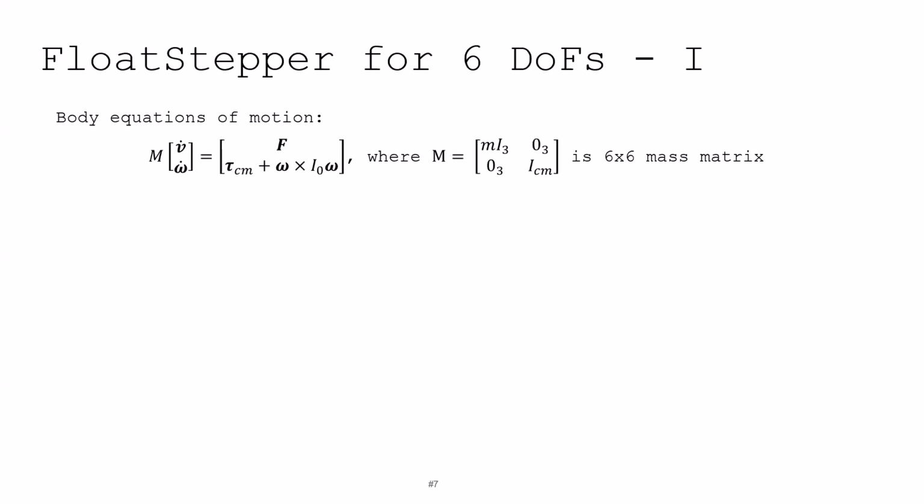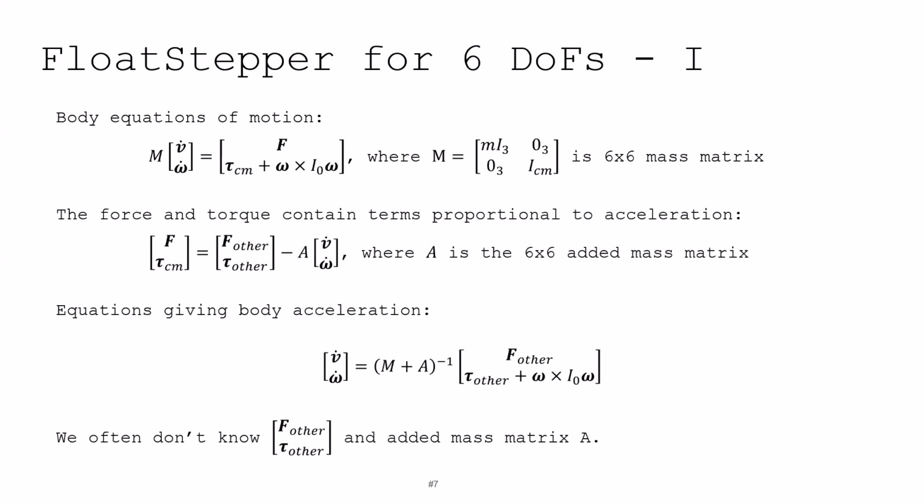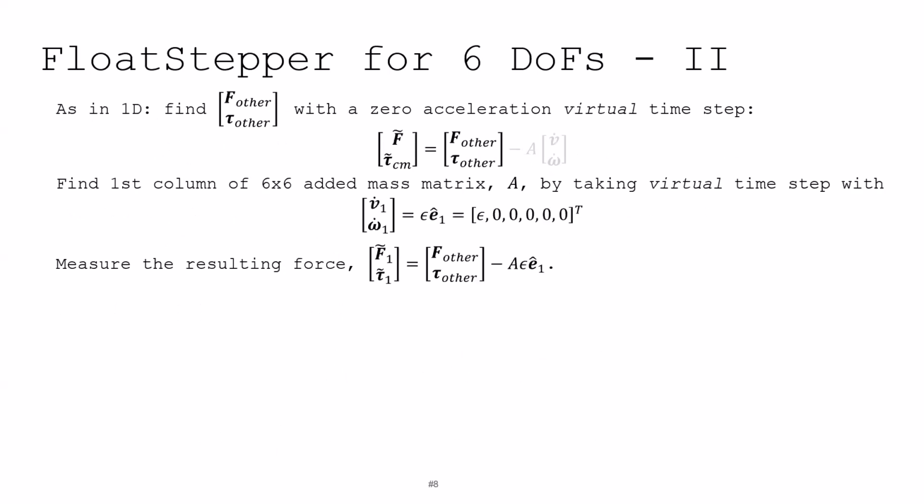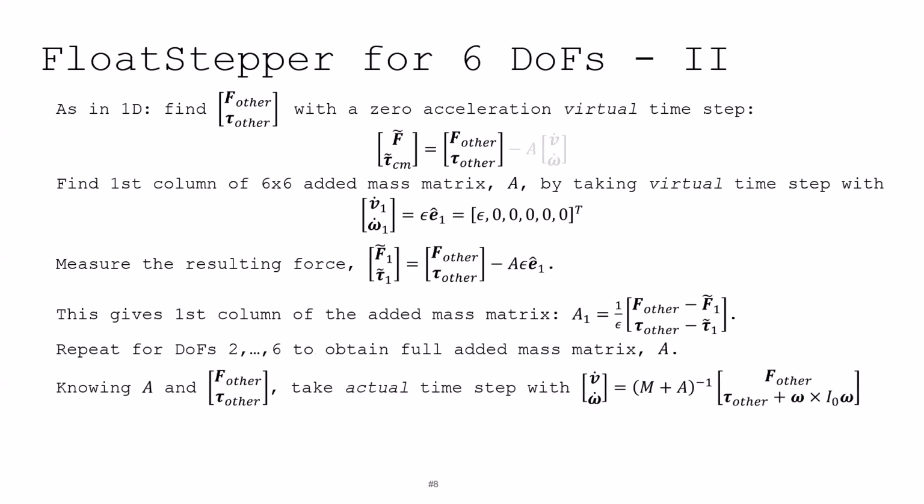But essentially, the concept is the same. We do a zero acceleration time step to get the zero force, and then we take not one but a number of virtual time steps to populate our 6x6 added mass matrix. So I'm just going to happily jump over this, and this is a teaser for anyone who would like to see it, talk about it afterwards.